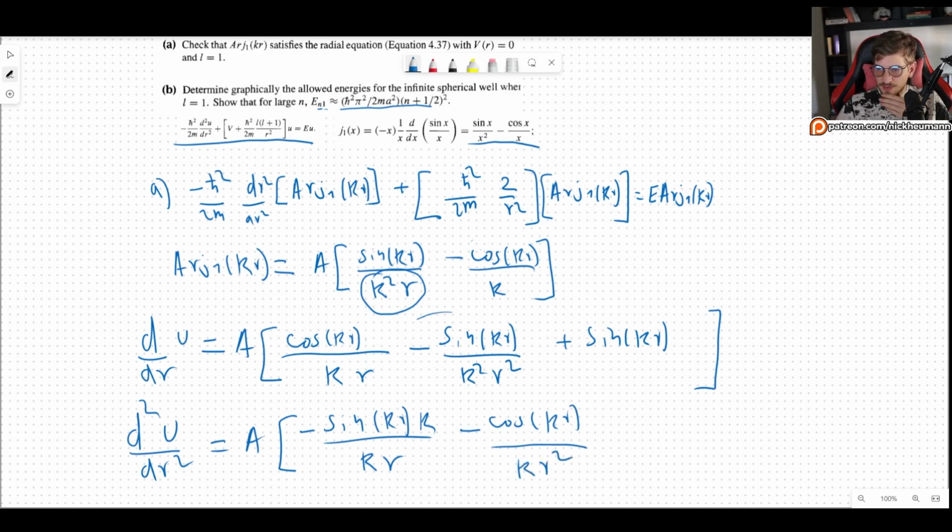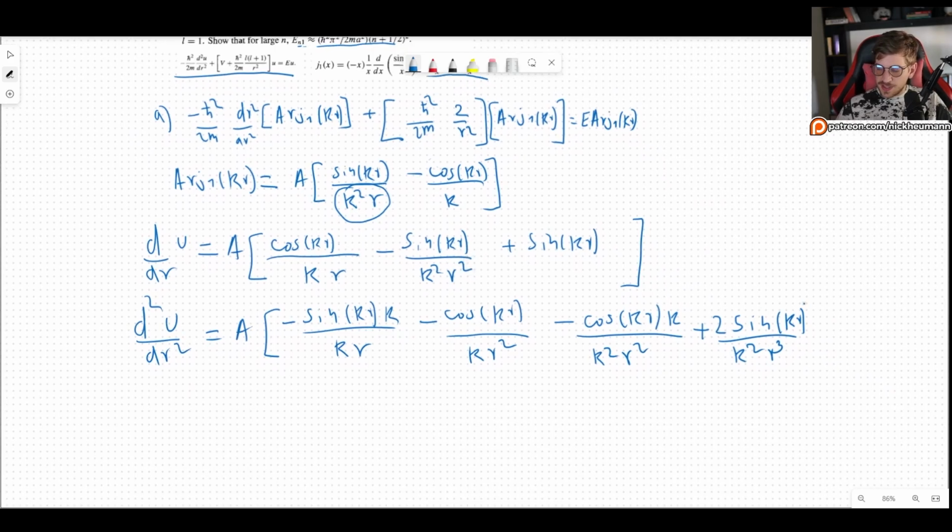And then we have this derivative, which will be minus cosine of kr times k divided by k squared r squared. And then the derivative of this part will give you another minus sign, so we get plus 2 sine of kr divided by k squared r cubed. And finally we have the derivative of sine, which will give us plus cosine of kr times k.